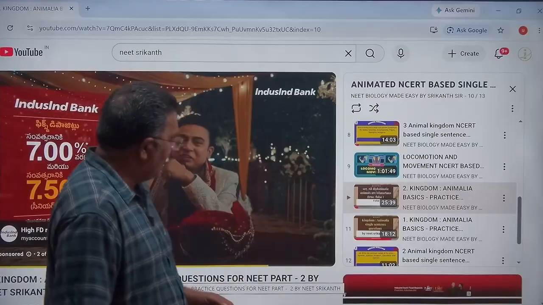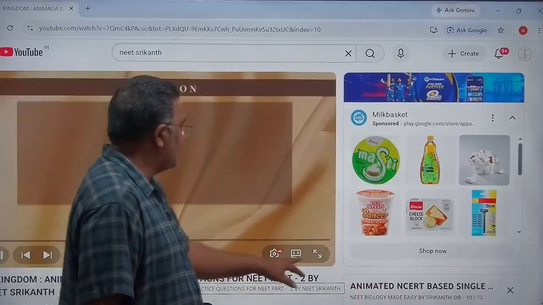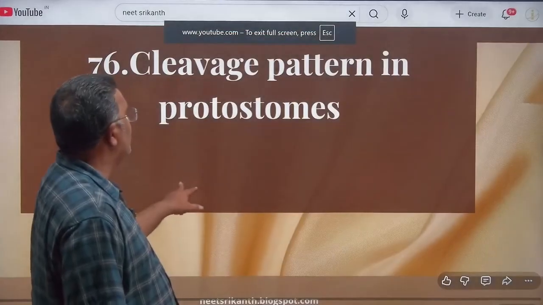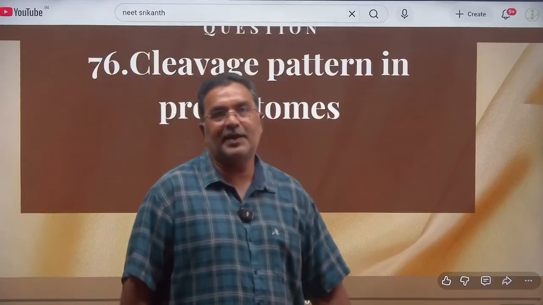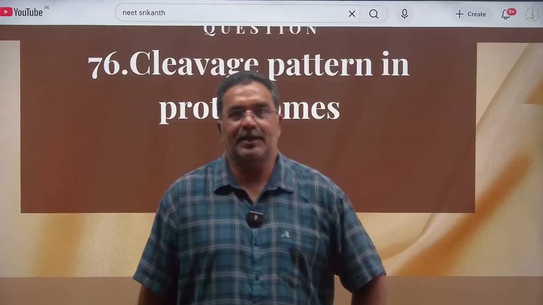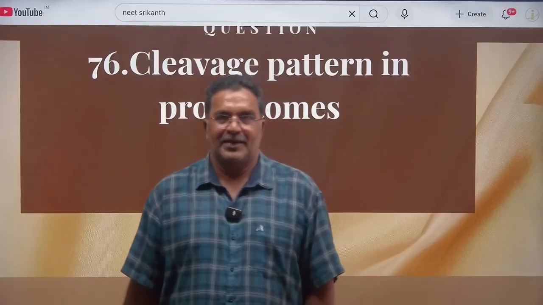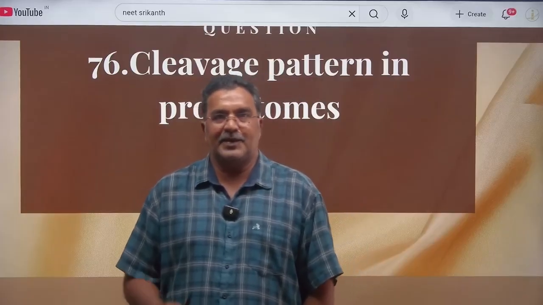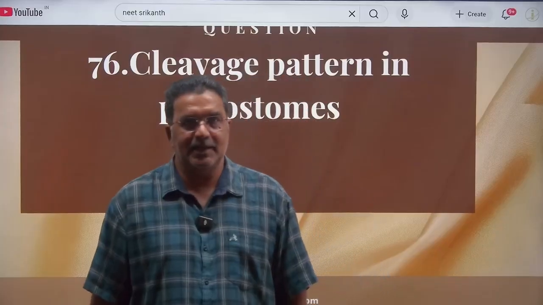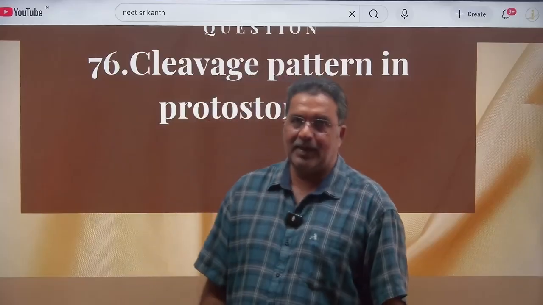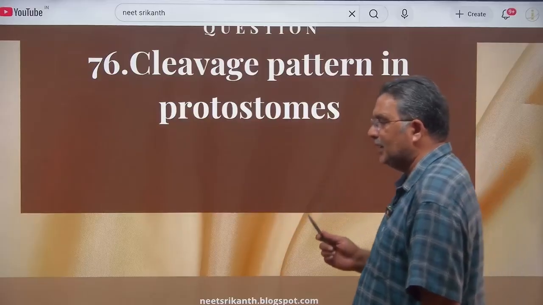If you are able to practice like this for every chapter, definitely 360 is guaranteed in this particular area. As I promised you, a proper technique is required. It is not student effort, it is an expert effort. An expert examiner and a qualified expert teacher can take you towards medical college easily. That kind of expertise you can see here.